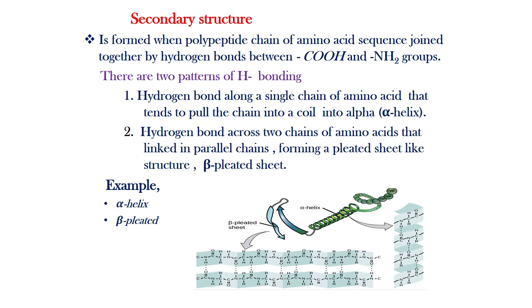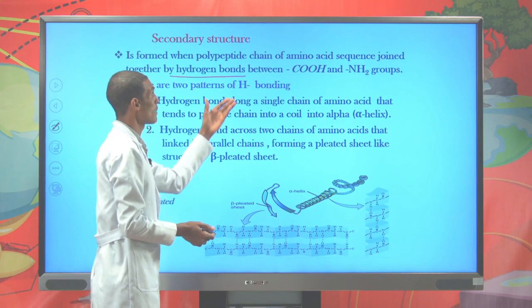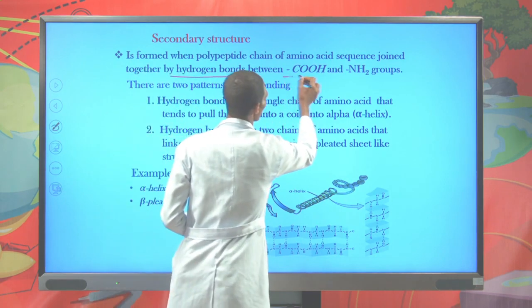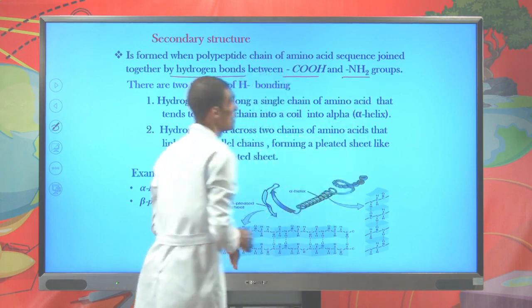Well, secondary structure of amino acids forms when the primary structure amino acid sequence becomes bonded together by this bond between the carboxyl acidic part and the amino group or basic part.